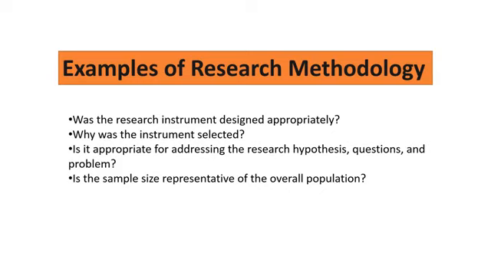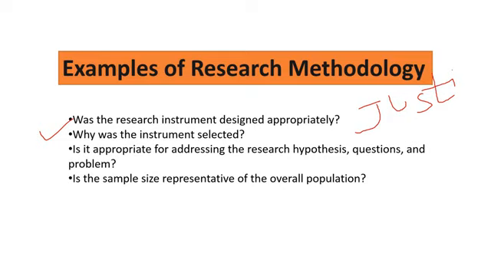Examples of research methodology: some other questions can be verified. For example, was the research instrument designed appropriately? That is checking the validity or reliability. Second, why was the instrument selected? You need to give the justification for it.